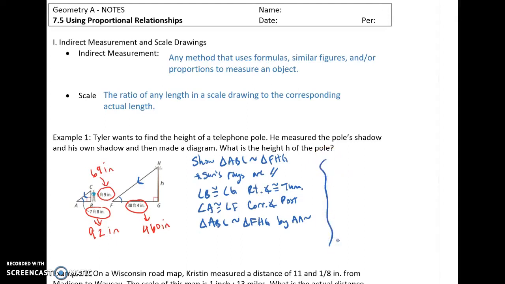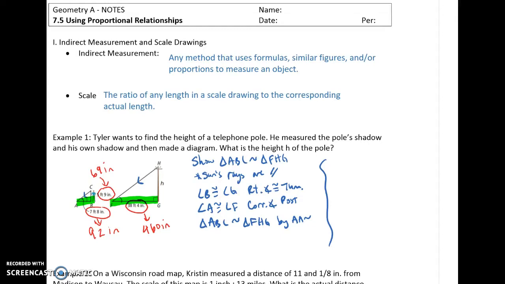When you're setting up your proportion, you've got a number of options, but remember, you want to put corresponding parts in the same position. For example, if I'm going to start off by looking at the side AB down here, I want to make sure I'm corresponding that with FG because that's in the same position. They're both on the bottom.